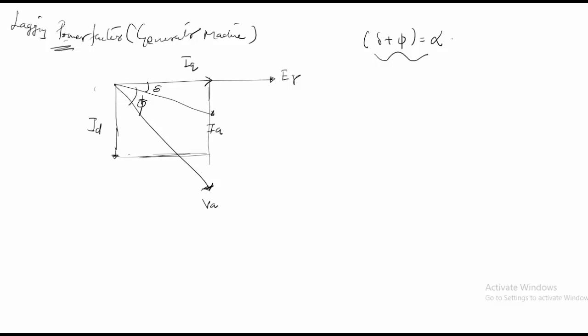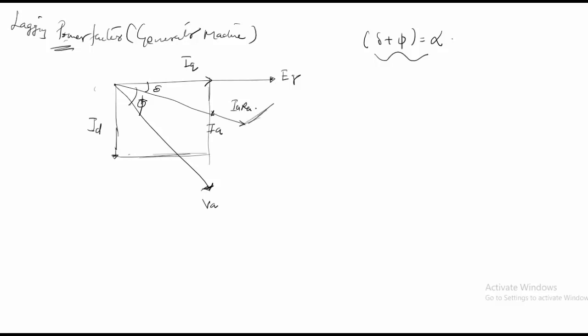IaRa can be shown as your resistance drop.